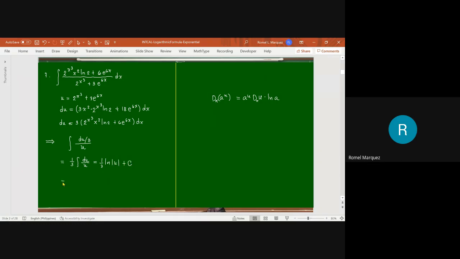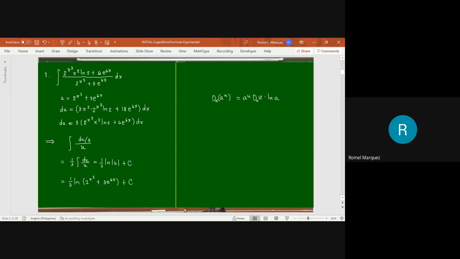But what is our u? 2 to the x cubed plus 3 e to the 6x. Can 2 to the x cubed be negative? When 2 is raised to any number, positive or negative, can it become negative? Never. And can e to the 6x be negative? Never also. So no need for the absolute value.